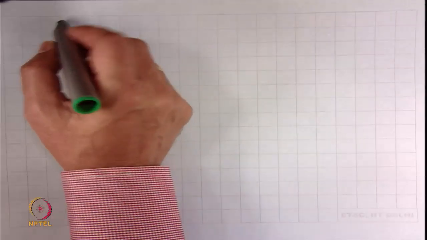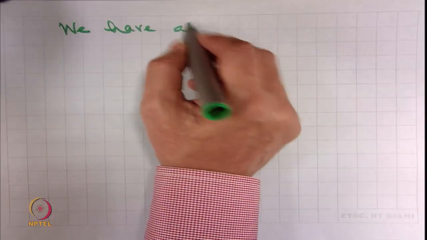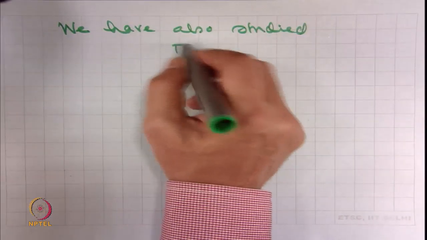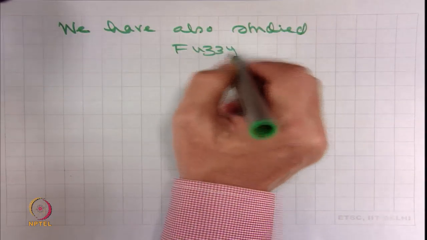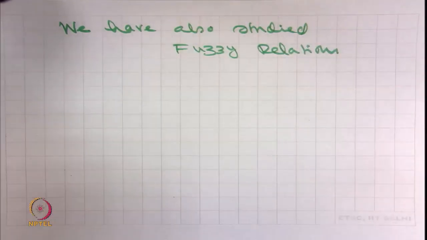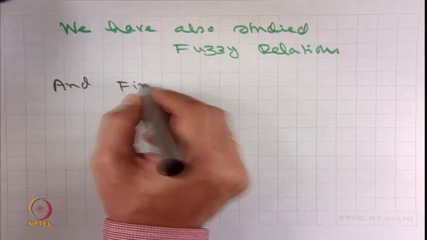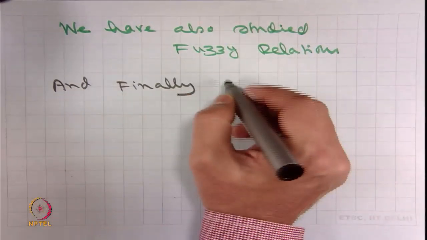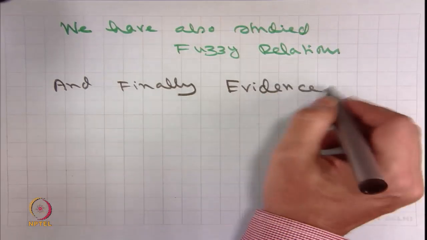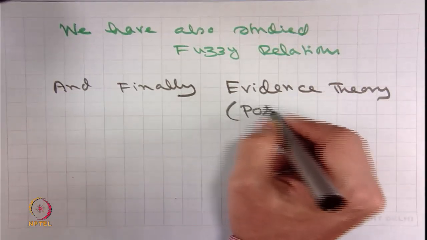We have also studied fuzzy relations, and finally, the evidence theory or possibility theory.